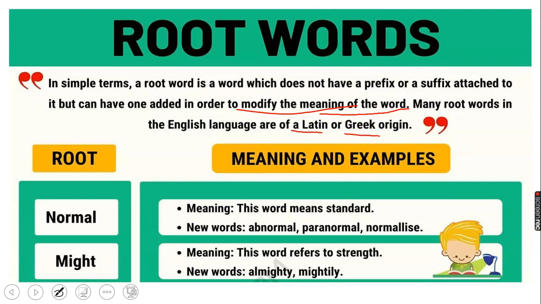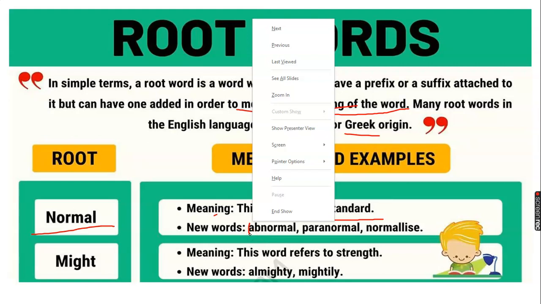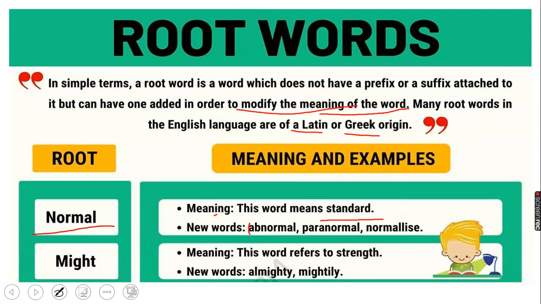Now let's look at some root words here. Now we have normal. So the meaning of normal is standard. If something is normal, it means that is the standard it ought to be. Maybe that is how it ought to be. That's normal. Now, when you add prefix to it, or you add suffix to it, it changes to something else. It becomes a new word.